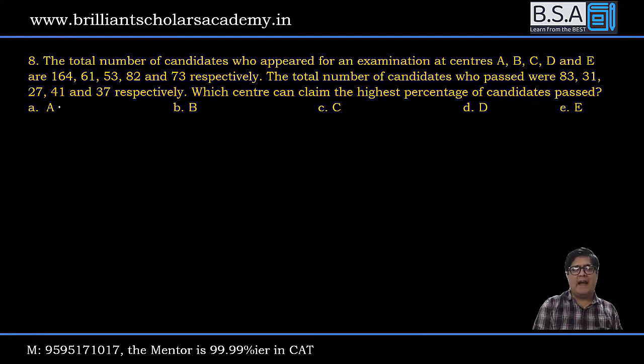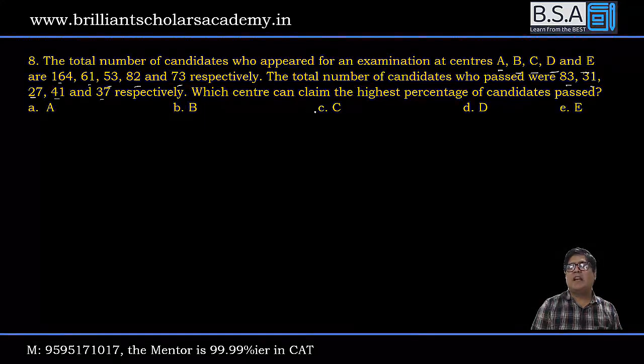Total number of candidates who appeared for the examination at centers A, B, C, D, E are these numbers. The total number of candidates who passed the examination were 83, 31, 27, 41, 37 respectively.